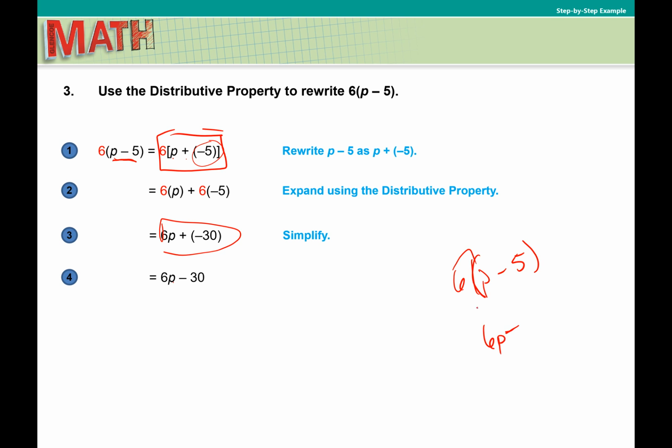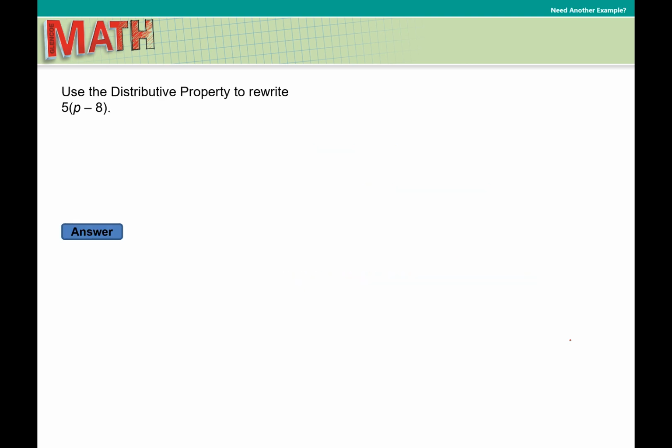Minus, so 6p, right, and then minus, you'd have to do 5 times 6, and that's a positive number, right? And you could bump that down and you have 6p minus 30. But let's do this next one first and then we'll find out why you want to potentially switch it in that way.